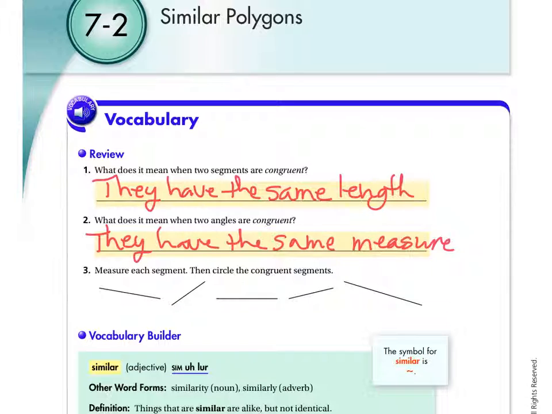No, it's 1 and 3. 1 and 3 are the same length. So 1 and 3, if you measure them, will give you the same length.